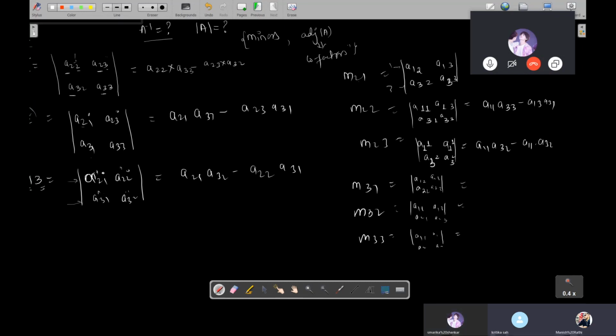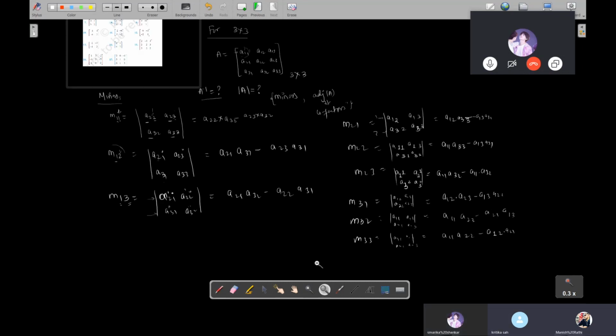Column 3 leaves 1 and 2. So just write the value. M31 is A12 A23 minus A13 A22. Similarly M32 is A11 A23 minus A13 A21, and M33 is A11 A22 minus A12 A21. So these are the elements and the corresponding minors.